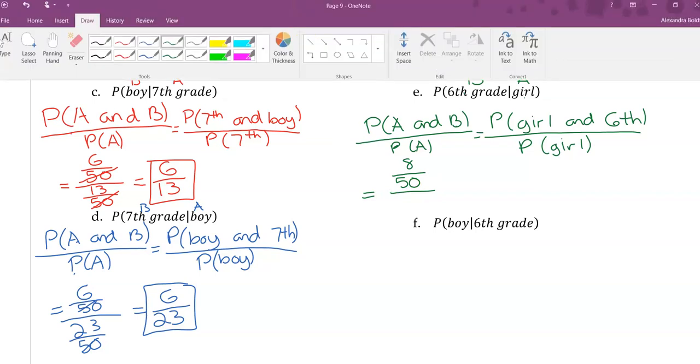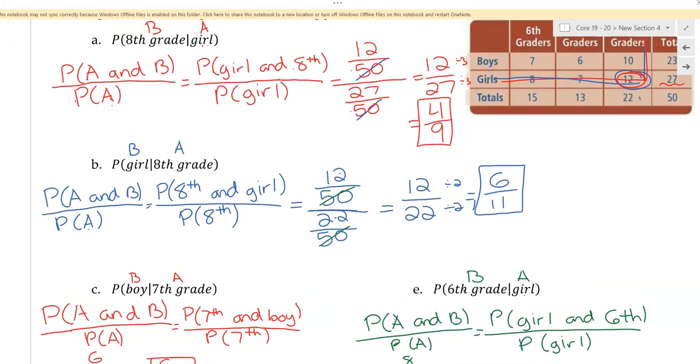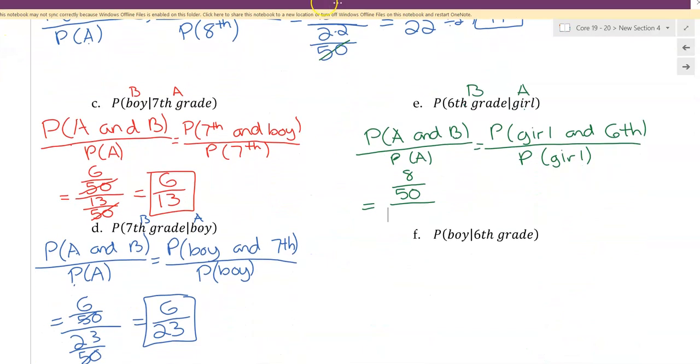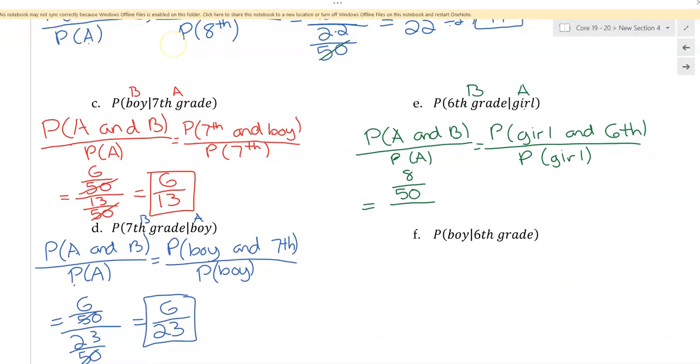Out of the probability of a girl, right? Well, there are 27 girls. Again, at the end, cross out your denominators. So we have 8 out of 27. 8 out of 27 does not reduce.